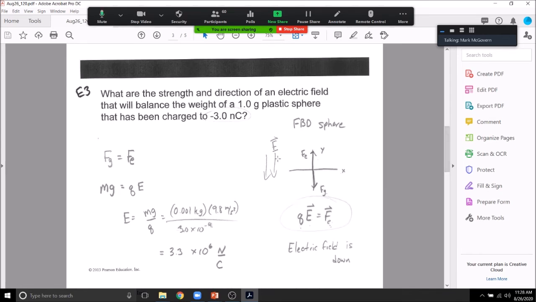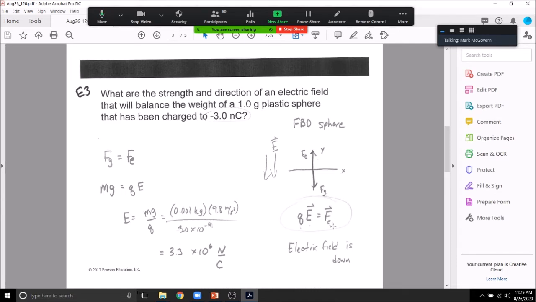Free body diagram of plastic sphere. Gravity goes down, therefore the electric field must point upward, right? So that's clear in your free body diagram. Sorry, no. The electric force points upward, right? If gravity is down.